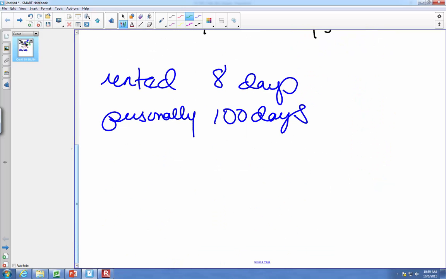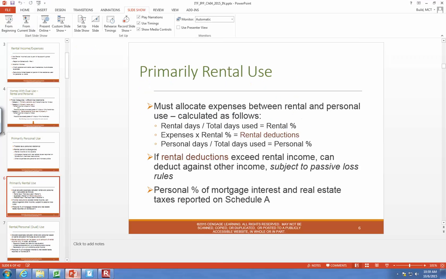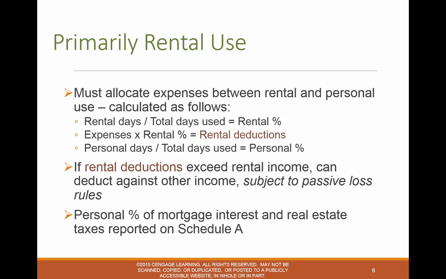So if it's primarily rental, what this says right here is just what we practiced. You've got to get that percentage: what percentage is rental and what percentage is personal. That's done by taking rental days divided by total days and personal days divided by total days.